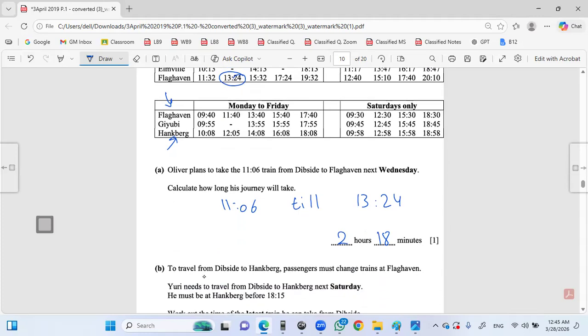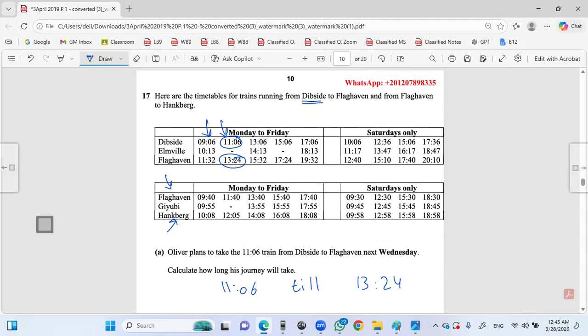All right, next question. To travel from Dipside to Hangberg, passengers must change trains at Flaghaven. So from here till here, they're saying that passengers must change trains in Flaghaven.